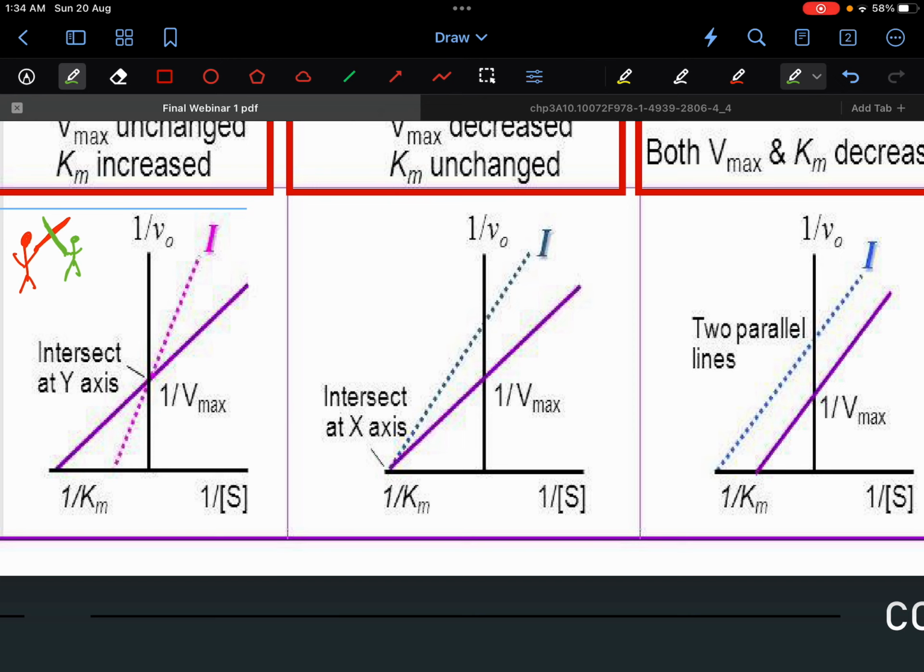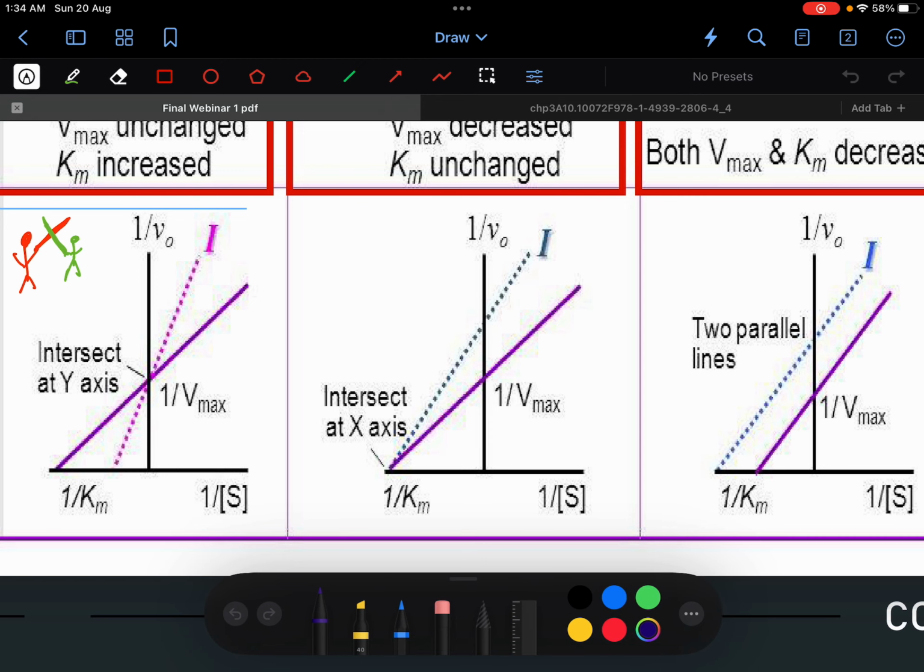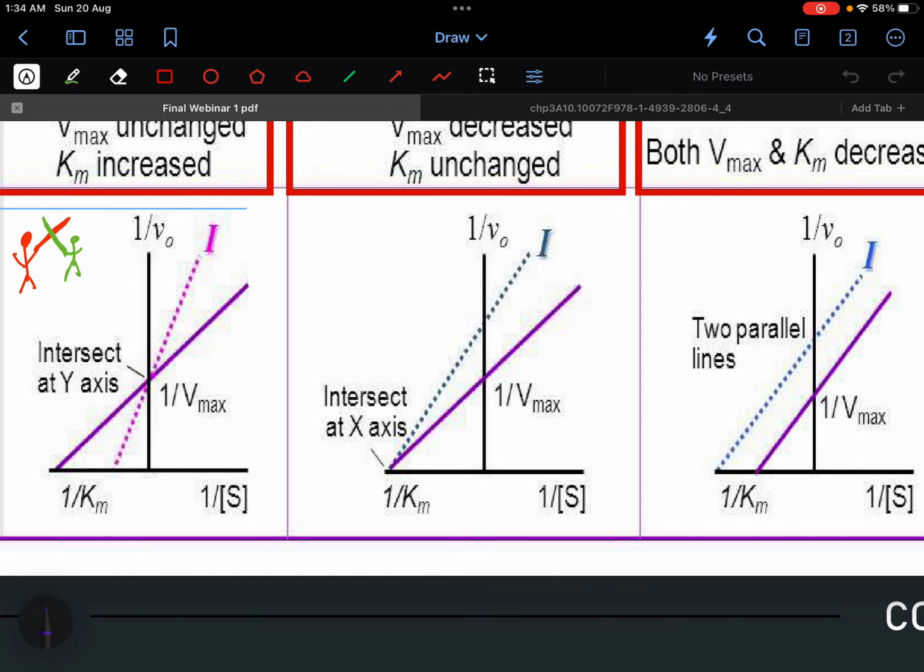So what does this picture tell you? If you look at this one time, you will think that these two are fighting with each other. Fighting means they are competing with each other.